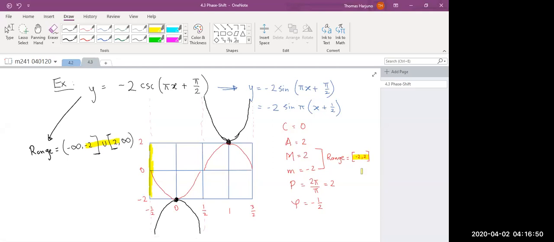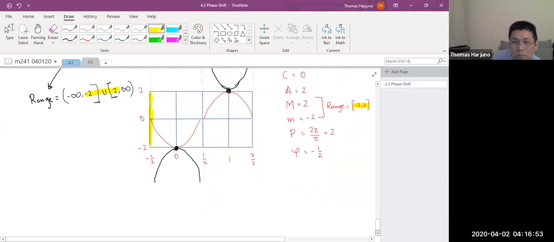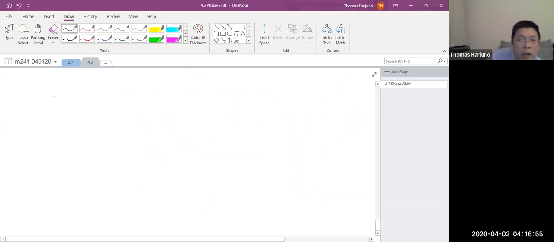Yes. Now let's do it super fast. Suppose I ask you to find the range of y equals negative 3 minus 4 secant of 5x plus pi over 3.